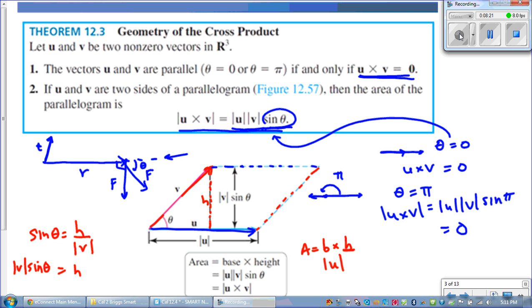So the area is just the magnitude of u cross v. So one property that the cross product has is that if you have two vectors u and v that are sides of a parallelogram, then you can get the area of the parallelogram just by finding the magnitude of that cross product.